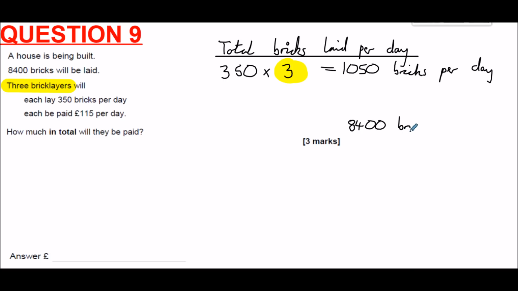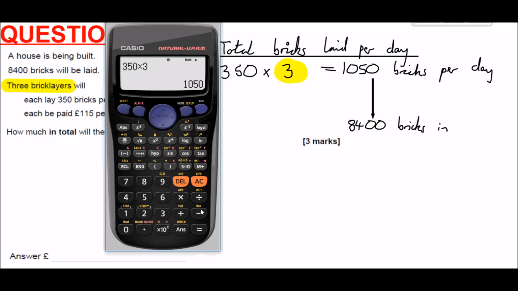So what we could do to do this directly would be to divide 8,400 by 1,050. 8,400 divided by 1,050 comes to exactly 8.